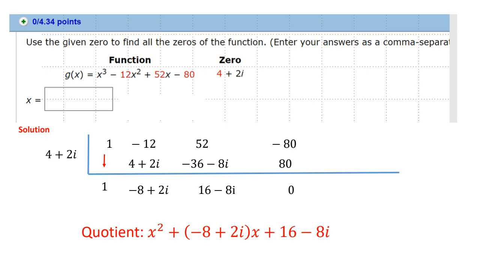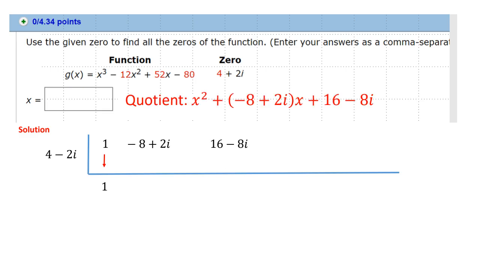So I find out that 4 plus 2i is a zero of this polynomial, right? So this is my quotient. Now it still looks a little messy, so what I can do is apply synthetic division again. Now I'm going to use the 4 minus 2i. I go through this process once more and I end up with another 0.